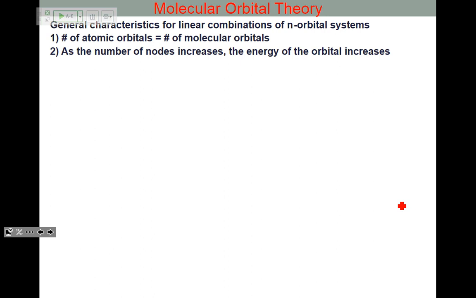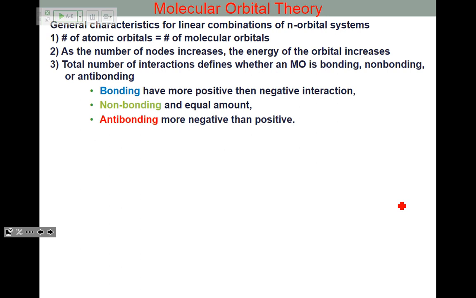The total number of interactions defines whether your molecular orbital is bonding, non-bonding, or anti-bonding. Bonding just means we have more positive interactions than negative. By positive and negative, this is the positive, like interaction, and this is negative.